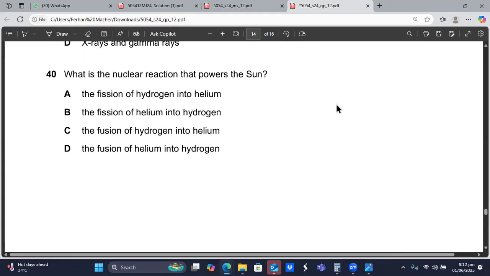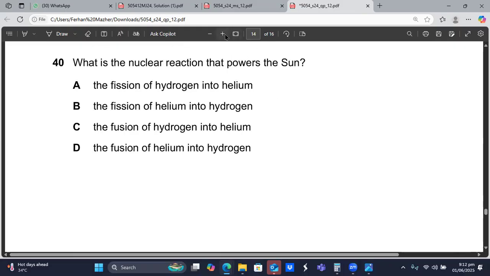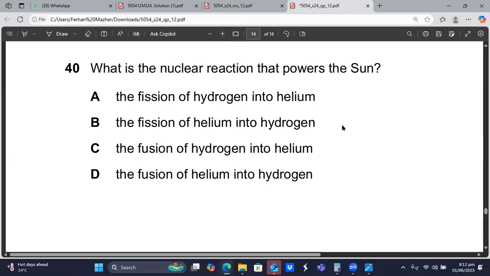Question number 40. He says, what is the nuclear reaction that powers the sun? On the sun or other stars, you see the smaller nuclei come close to each other and they fuse into each other and they make a larger nucleus. In this process, an enormous amount of energy is produced.